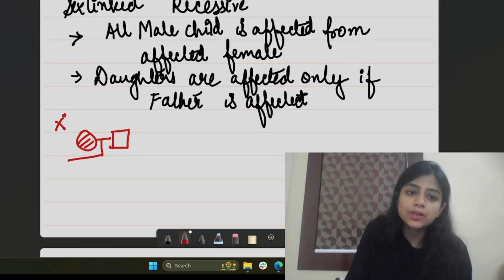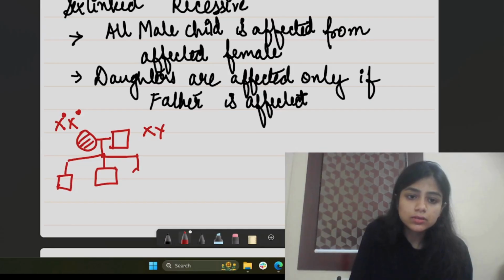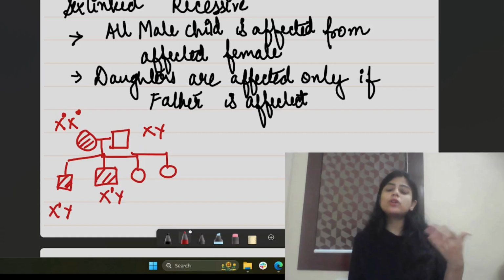Suppose this female is affected, however this male is normal. Here the male child is affected, because you know the male has only one X chromosome.